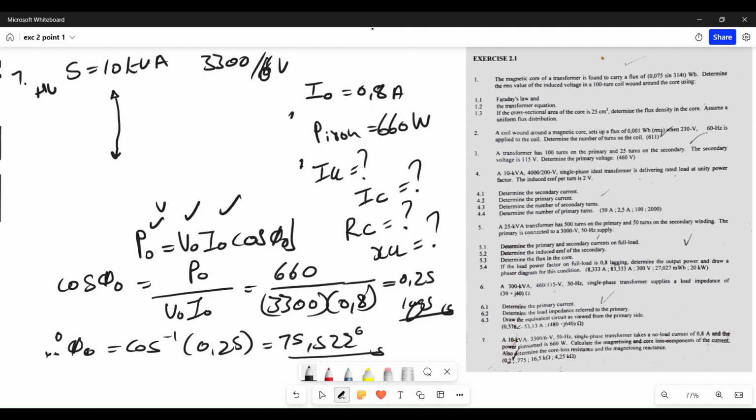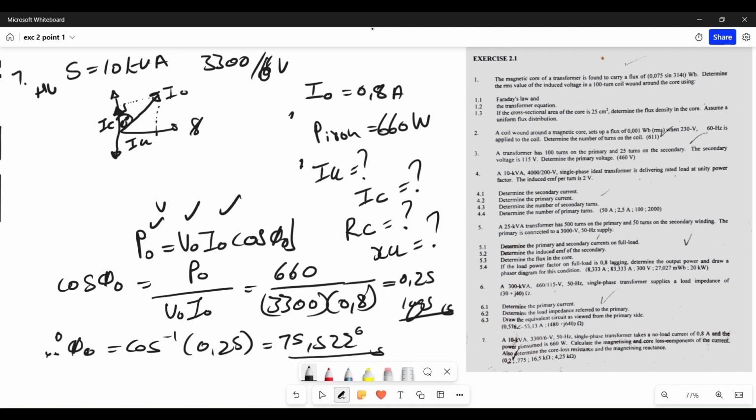What I'm trying to do is, because we know that when we're learning about no load, we were given that this is the flux, and then this is IO, and then in phase with V1 here we have IC, and then we know that this is IU, and this is phi O, 90 degrees.